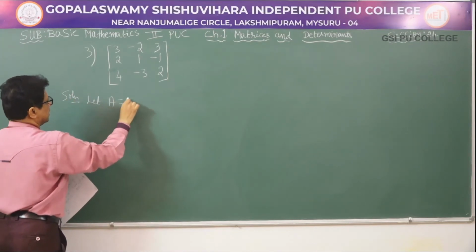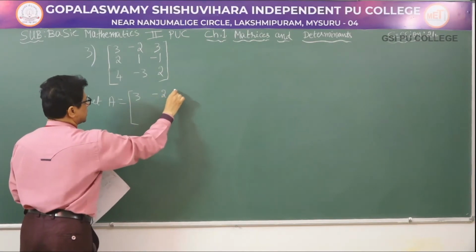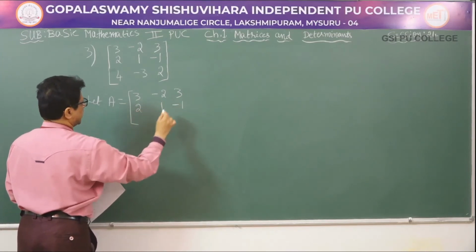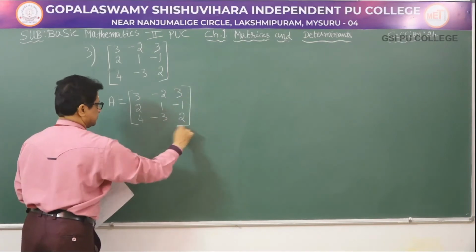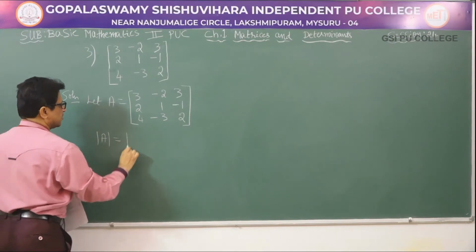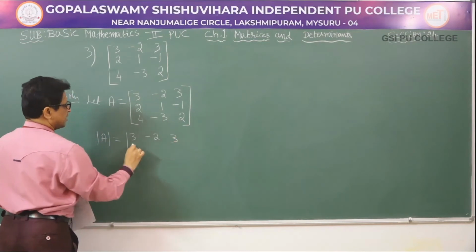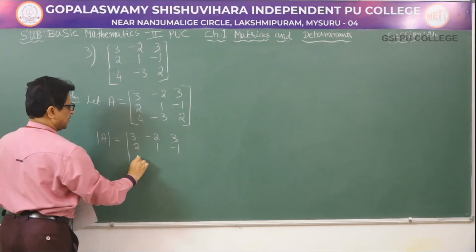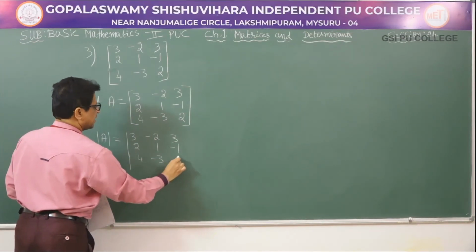Let A equals 3, minus 2, 3, 2, 1, minus 1, 4, minus 3, 2. Let us find the determinant of the given matrix. So, determinant A is equal to the determinant of 3, minus 2, 3, 2, 1, minus 1, 4, minus 3, 2.